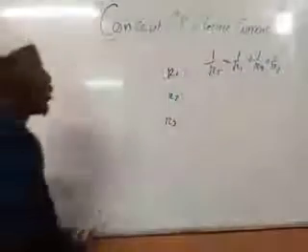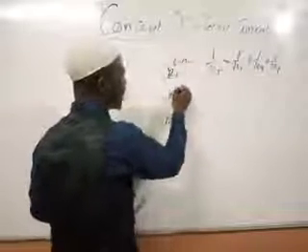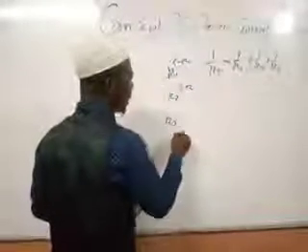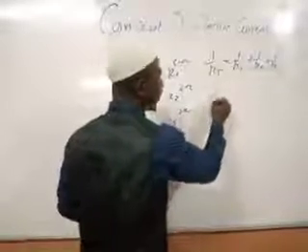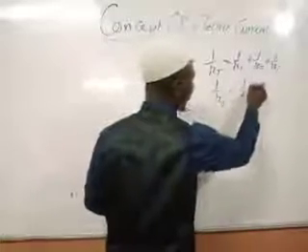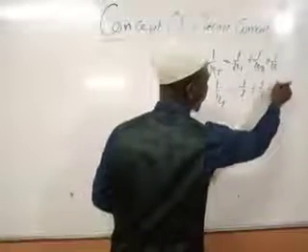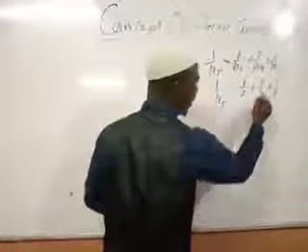So if our R1 is 3 ohms, this one is 2 ohms, and this is 3 ohms as well, in that case it means our total resistance in the circuit will be 1 over 3 plus 1 over 2 plus 1 over 3. Then you look for the LCM. The LCM is 6.